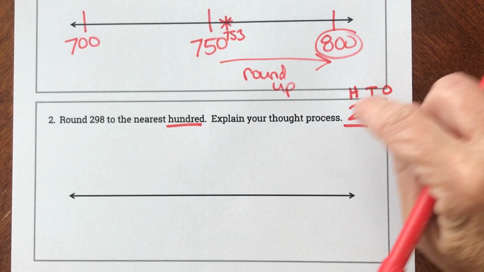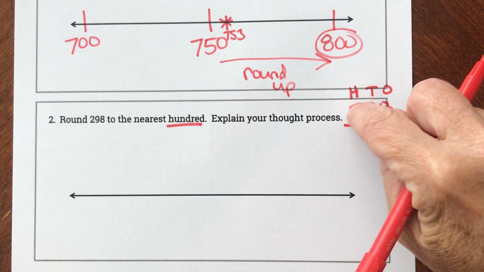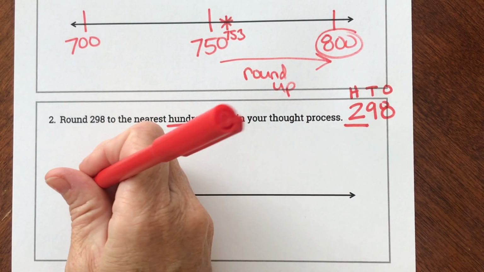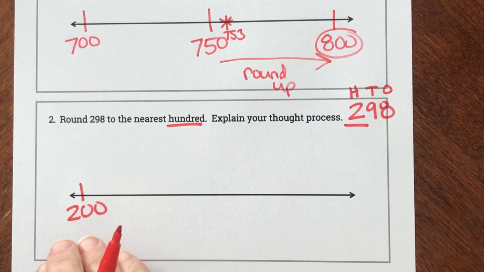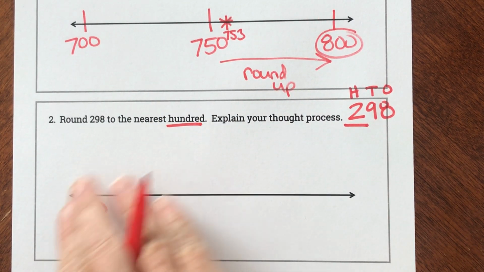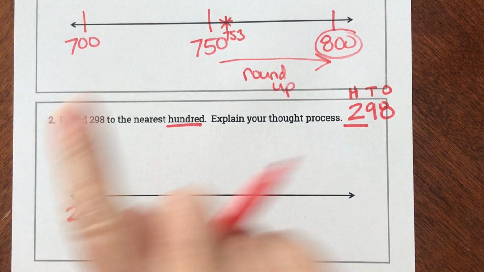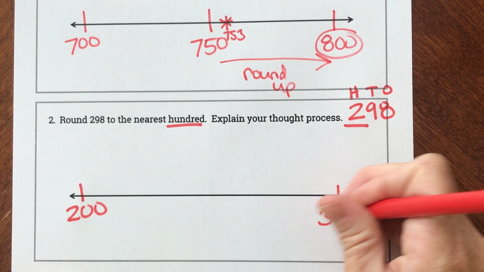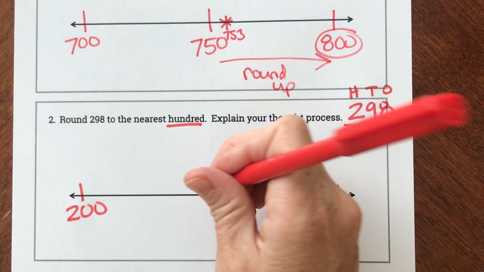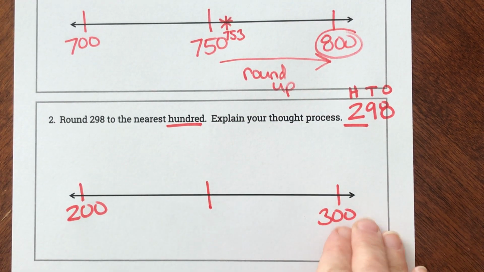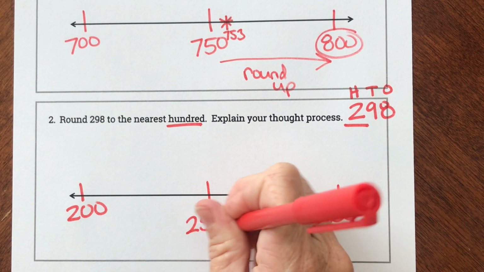This 2 is valued at 200. So I'm going to write that there. And then what's the next 100? What's 100 more? It's 200, then 300. And what's in the middle of 200 and 300 would be 250.